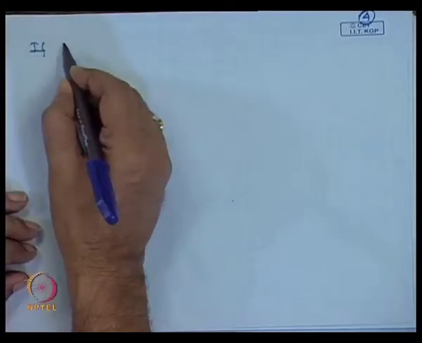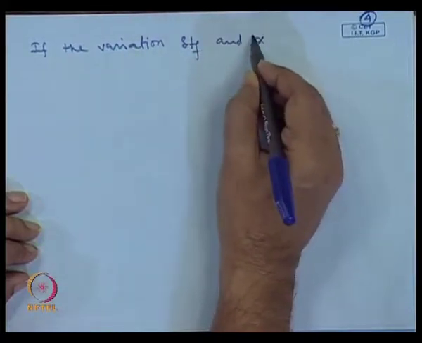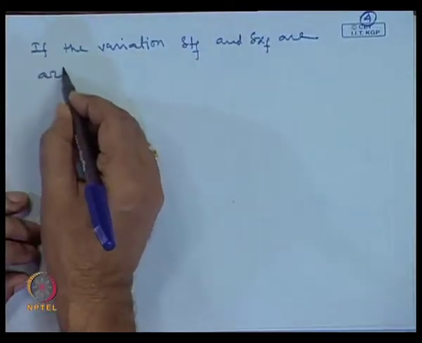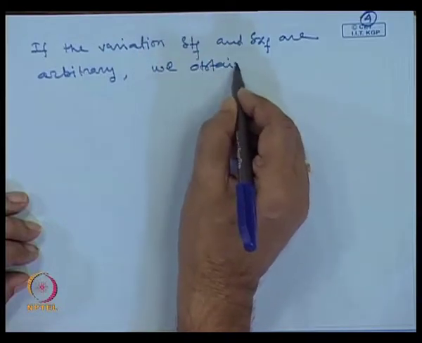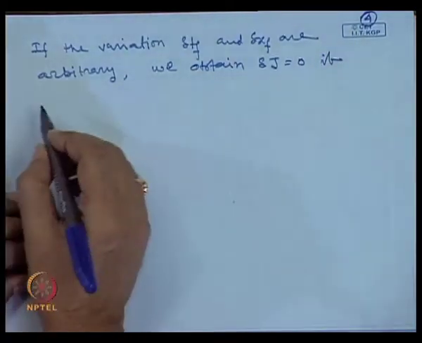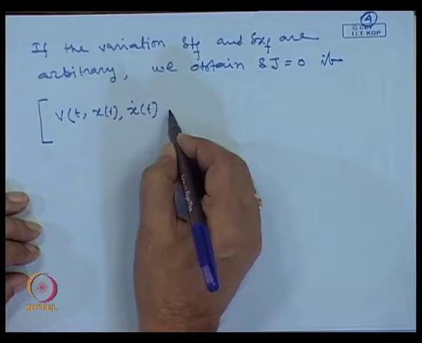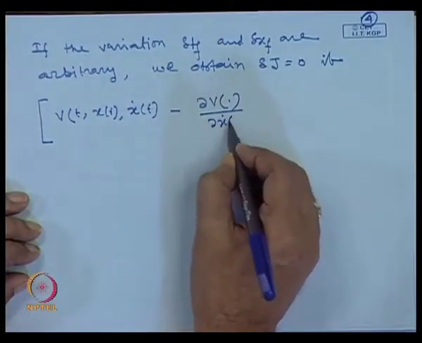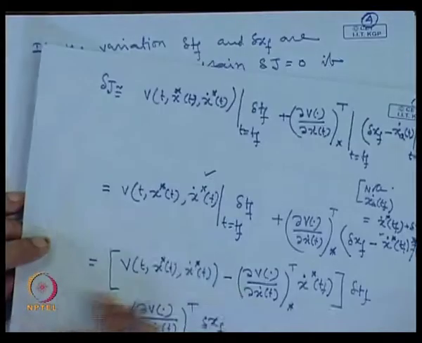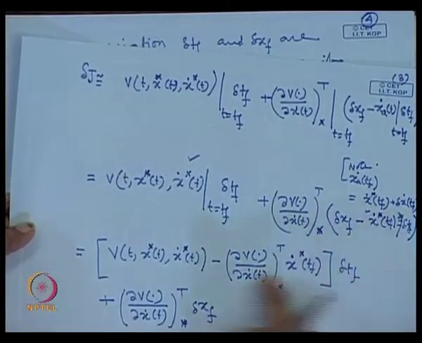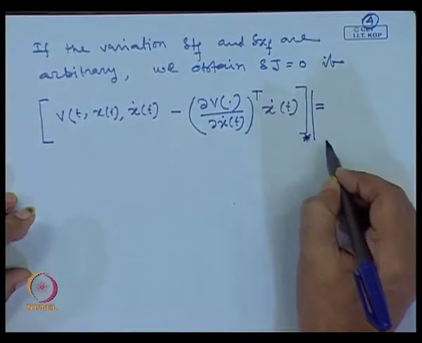If the variations delta T f and delta x f are arbitrary, we obtain delta J equal to 0 if we assign that V of t, x of t, x dot of t minus del V del x dot of t, this one whole transpose x dot of t, and this value, when delta T f is arbitrary, cannot be 0, this must be 0. So, this equals 0 at t is equal to T f.